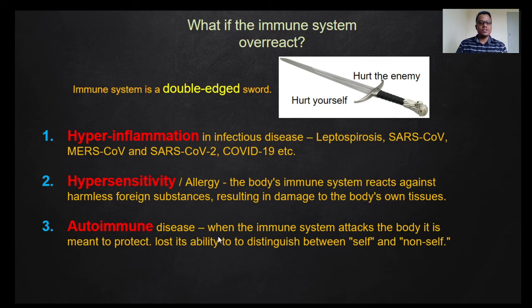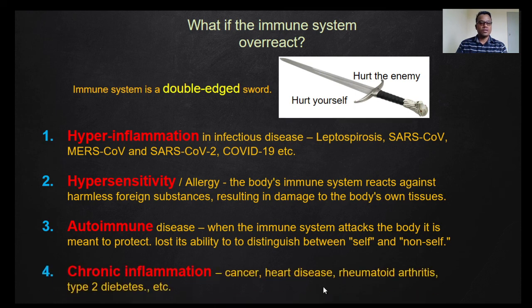Third, autoimmune disease, when the immune system attacks the body it is meant to protect, having lost its ability to distinguish between self and non-self. That means the immune system is using its weapon on the host or our own cells.